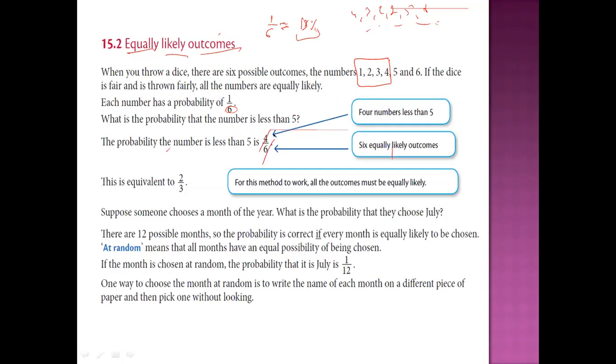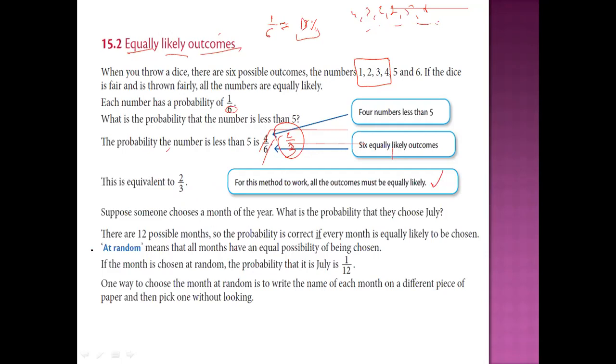You can simplify that by 2 and get 2 over 3. When you simplify 4 and 6, you will get 2 over 3. For these methods to work, all the outcomes must be equally likely.